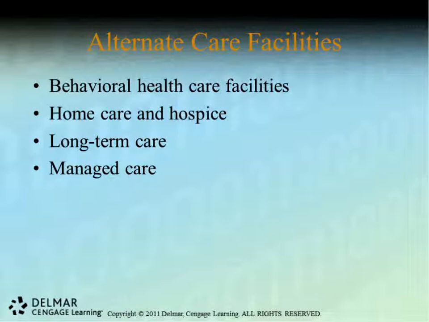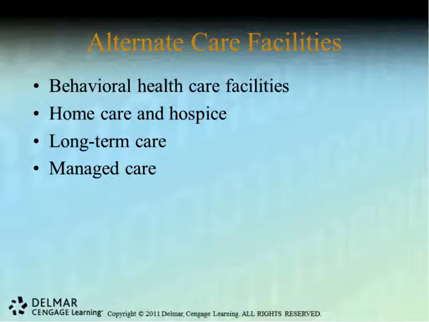So you have a variety of settings that patients can receive behavioral health care services. Table 3.2 really describes a lot of those. You got your behavioral health hospitals. You have residential treatment facilities. You got chemical dependency programs. Again, you can look at this table and look at a couple of definitions for these different ones.